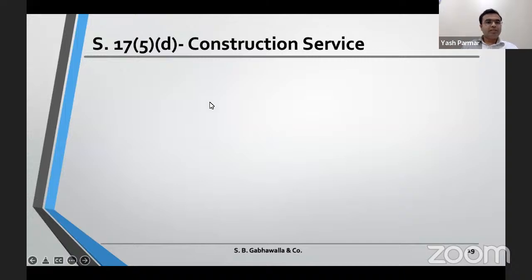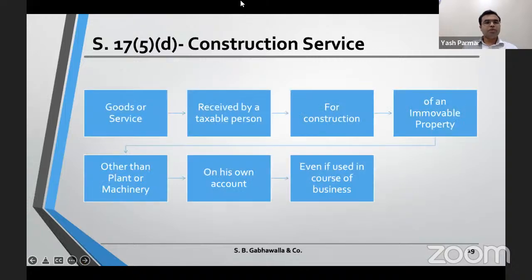Clause D deals with goods or services which are used for construction purposes. This clause reads as: goods or services received by a taxable person for construction of an immovable property other than plant and machinery on his own account, even if used in the course or furtherance of business.